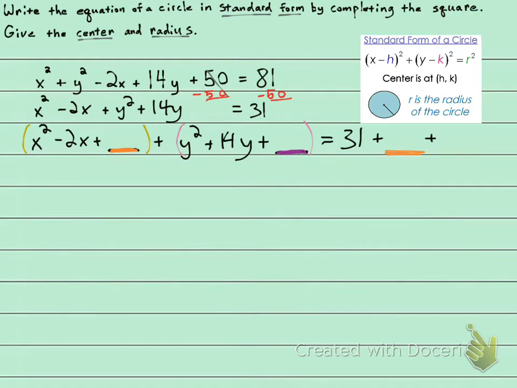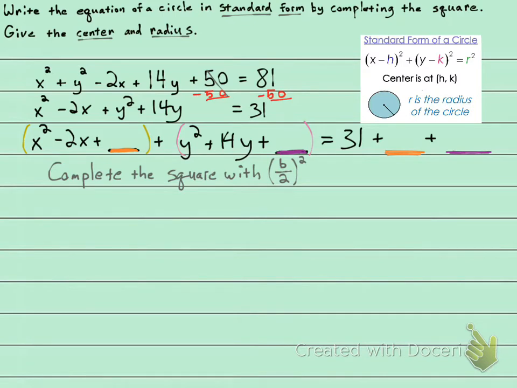And that's fair, I can do that. Now, the number that we find here, this is called completing the square. The number that we find here is going to be half of the middle term squared. So let me write that down. I'm going to complete the square with half of the middle term squared.